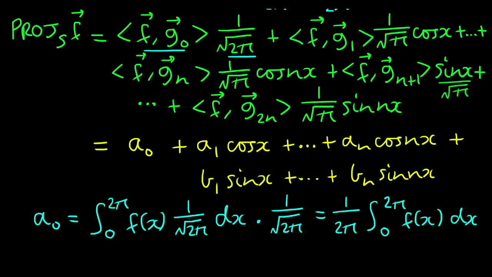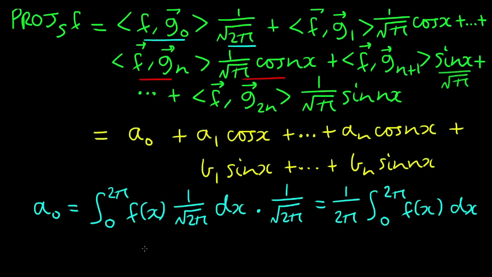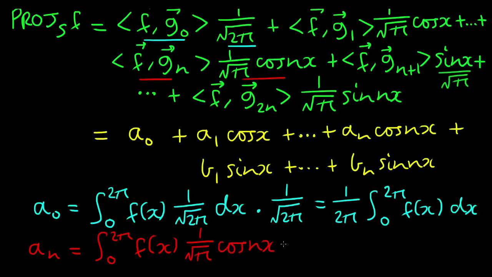And let's do another one. So for example, this term over here. So we have an being the integral of 0 to 2 pi. So we have the inner product between f of x and gn, which is 1 on root pi by cosine nx, integrated over x, and we multiply this by 1 on root pi.